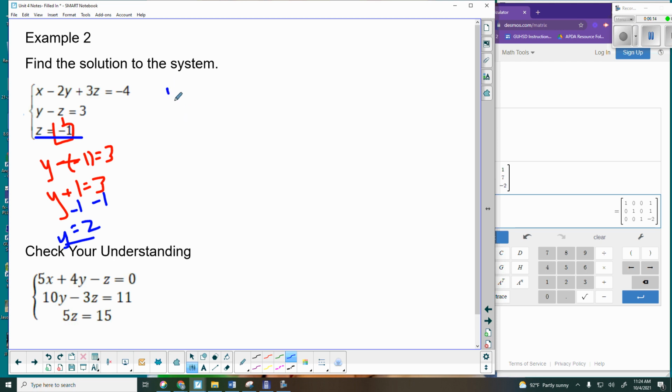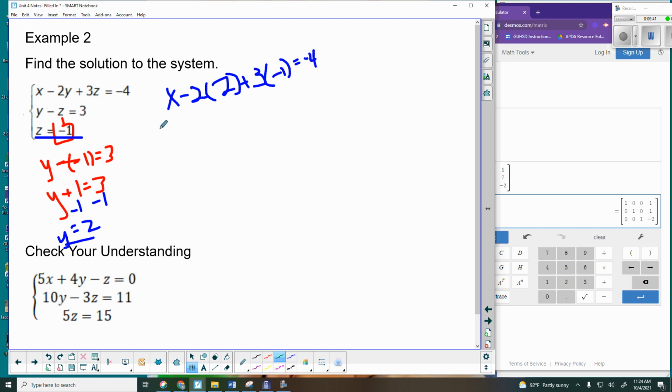We can find x. So x minus 2, I'm going to replace y, which is 2, plus 3, and our z was -1, equals -4.